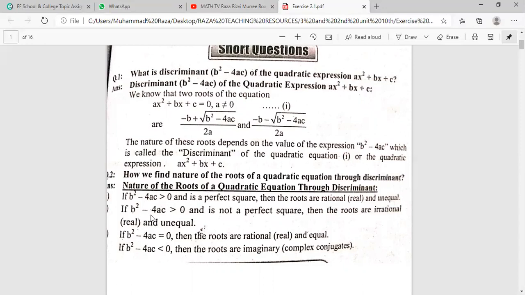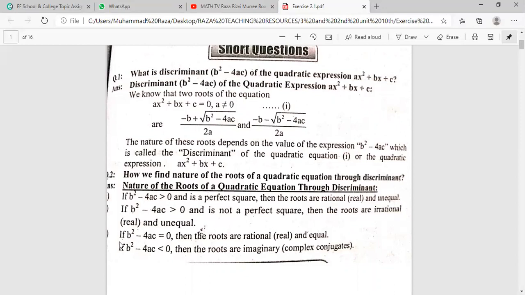Second, if b square minus 4ac is greater than 0 and is not a perfect square, for example the answer is 2, but 2 is not a perfect square, then the roots are irrational and unequal.